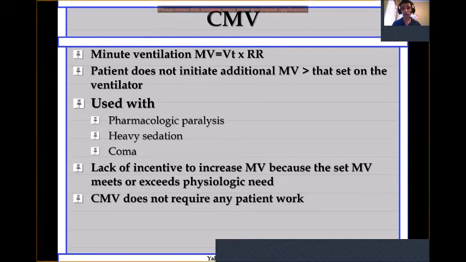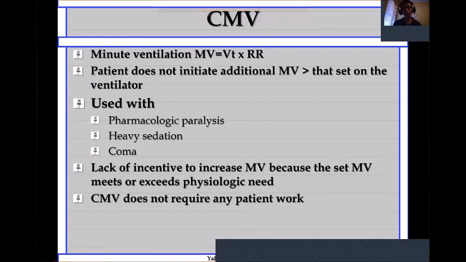The minute ventilation is provided by the machine, so whatever you set, the patient will get. So in controlled mandatory ventilation, it's all mandatory. There is no assisted, there is no spontaneous. You use controlled mandatory ventilation if you are giving muscle paralysis, if the patient is heavily sedated, or if they are in a coma, or if you fear that the patient will get exhausted with time.